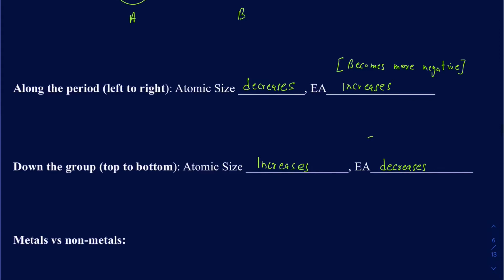What that really means is it becomes less negative, or you will even sometimes see it become positive, or become more positive, because you really don't want it to be positive, because in that case it would actually be requiring energy. You don't want to be requiring energy to add an electron.